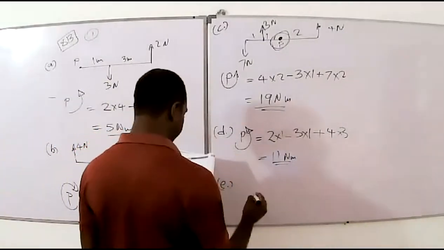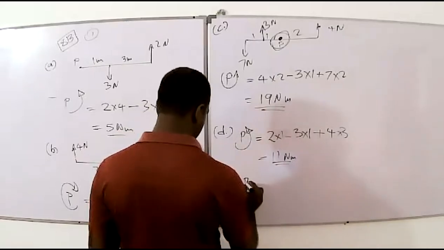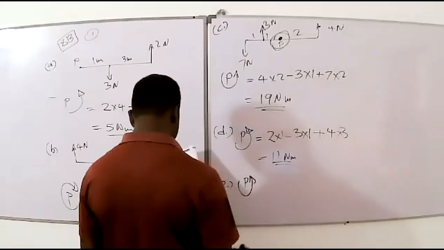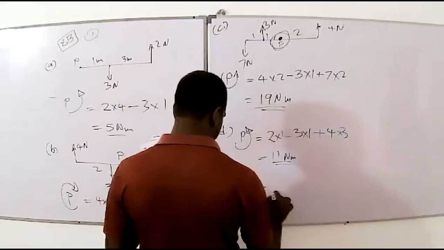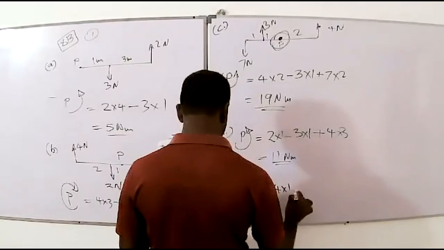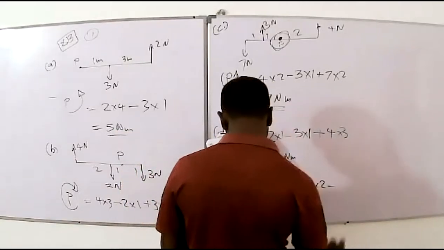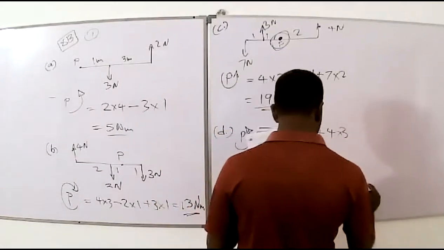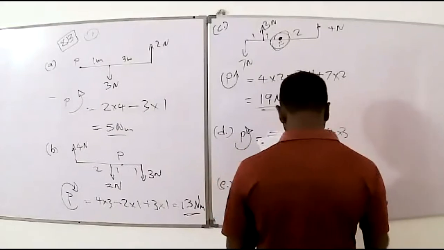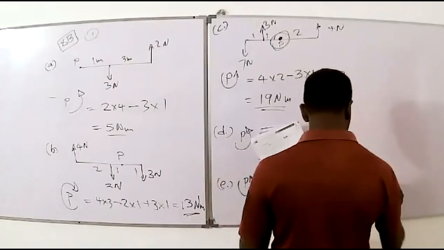So I am going to go again in this direction, anti-clockwise. So what do we have? 4 into 1 minus 3 into 2 minus 2 into 3, sorry, it's plus 1 into 4.